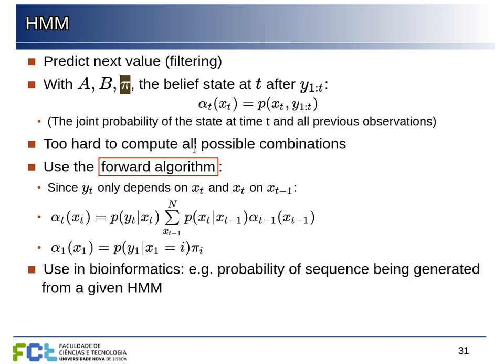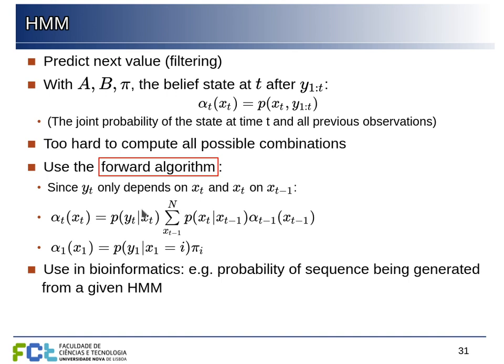Now, one thing that we can compute is the belief state at time t, given all the observations up to time t. So this is the joint probability of having that particular state at time t and all the observations that we saw before, according to the model as we have defined here. Computing all the possible combinations of states up to time t would be prohibitive because we have an exponential growth in the combinations.